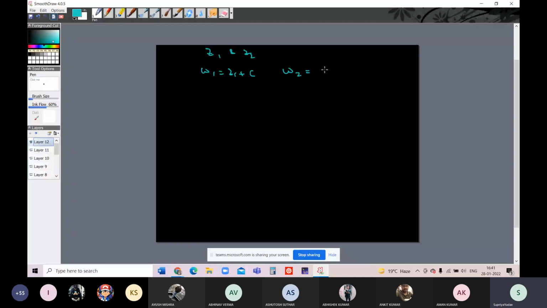Okay, so the distance between w1 and w2 is equal to z1 plus c minus z2 minus c. It will be the same as it was in the z plane. So you can see that the distance between the points after coming to the w plane is preserved, और क्या है, ये invariant है. So it means that when we are dealing with the translational mapping, it preserves the distance between two points. Okay.